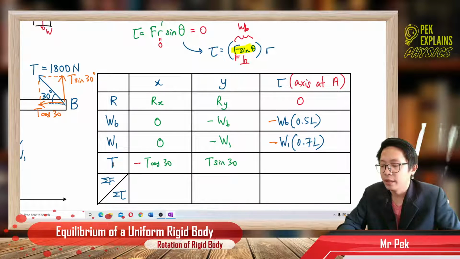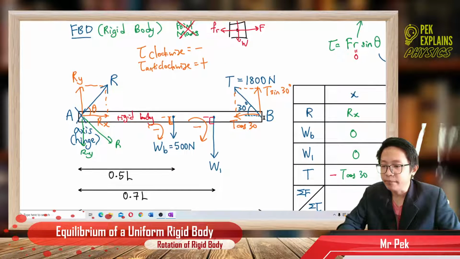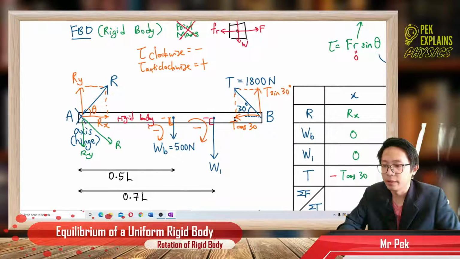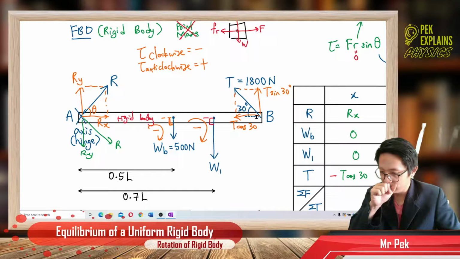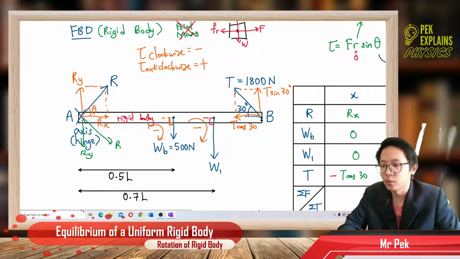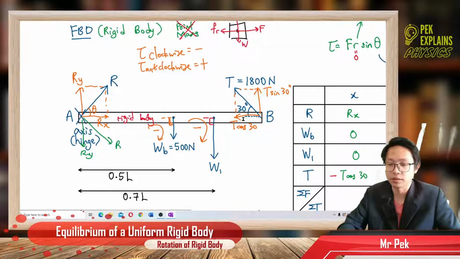Now, our T. Which force? T has two components, T cos 30 and T sin 30. Which force is responsible for the rotation? Let's look at T cos 30.